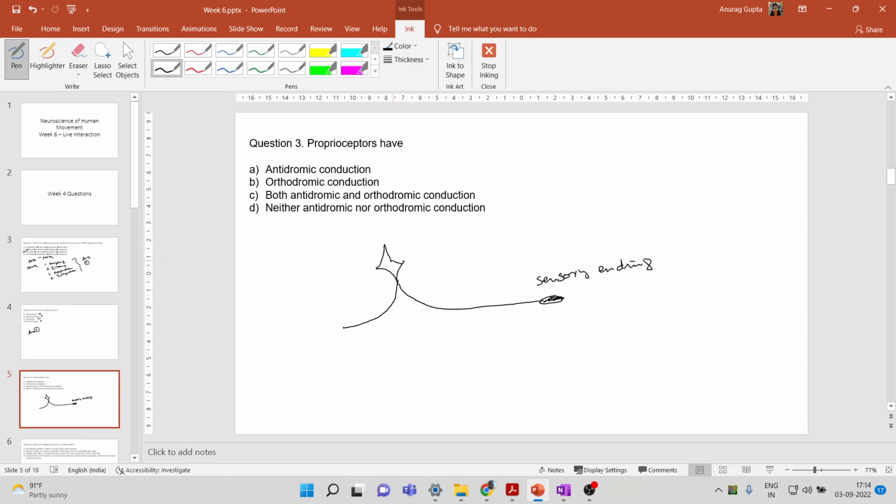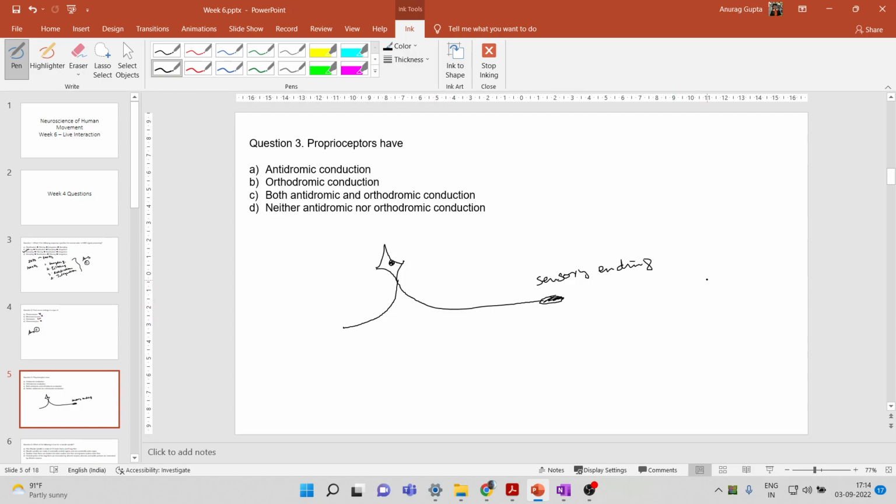So basically, proprioceptors take sensory information of different modalities to the central nervous system.